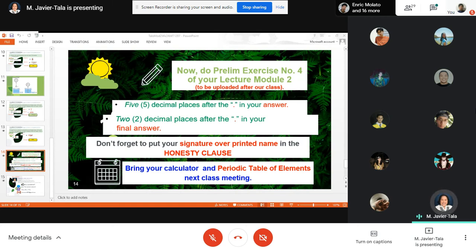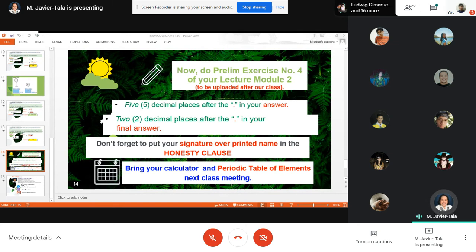So you will be doing prelim exercise number 4 from your lecture 2, and this will be our policy. If you recall, you have the significant figures in your module 1. But in computations, class, this is what you should do. There should be 5 decimal places after the decimal point in your answer.